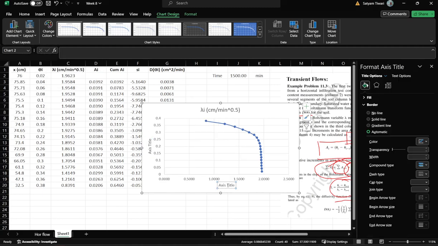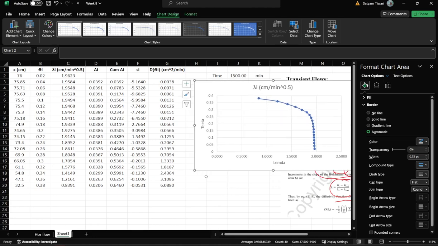So in the x-axis we have the lambda, right? And in the y-axis we have the theta. So here we can see that as the lambda value is increasing, the theta value is decreasing, and it drastically decreases after a certain lambda value, right?